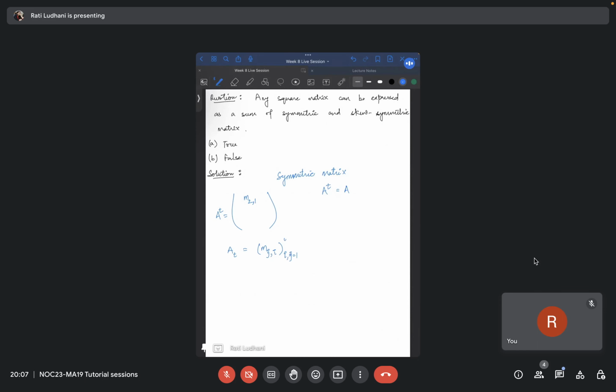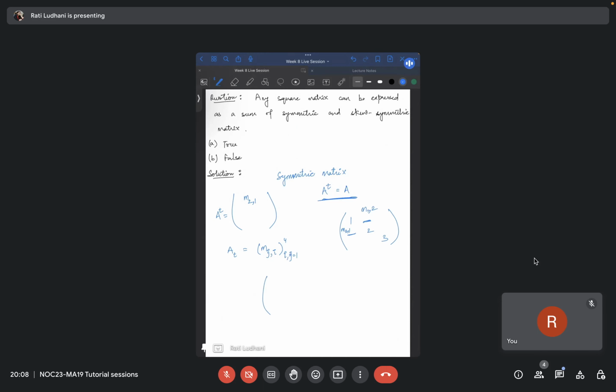Whenever A transpose is equal to A, the diagonal entries can be anything, it doesn't matter, but the off-diagonal entries have to be the same value, because this is M12 and this is M21. We are saying A transpose is the same as A, so all the entries should be the same.